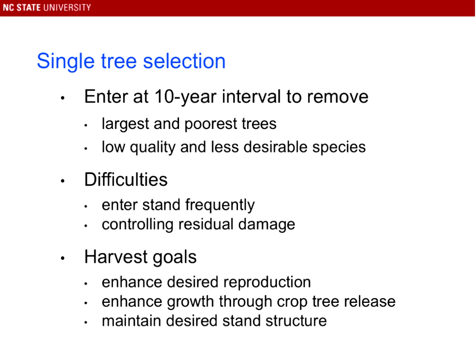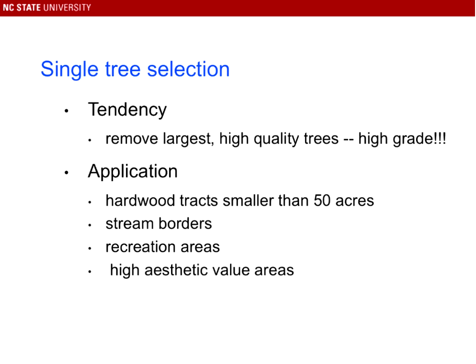Single tree selection can be used for maintaining a particular desired stand structure where you have different sizes and different ages, and either for aesthetic or wildlife reasons, it's a goal. There are some things to watch out for, though. There is a tendency to remove the largest and high-quality trees, which ends up being what we call a high grade that we discussed earlier.